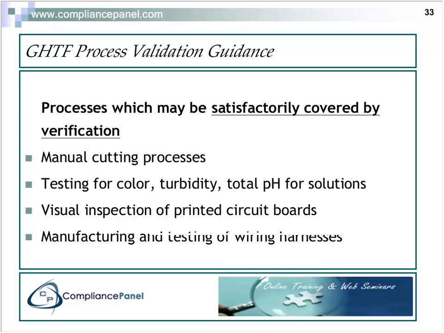Verification. We can do verification with manual cutting processes. We talked about that tubing. If we're cutting tubing to length, we're manually cutting that, we can verify that. We might do some testing for color, turbidity, or total pH for solutions. We can measure against some standards for those and get suitable results for that. Visual inspection of printed circuit boards.